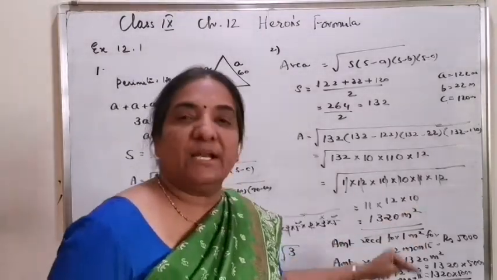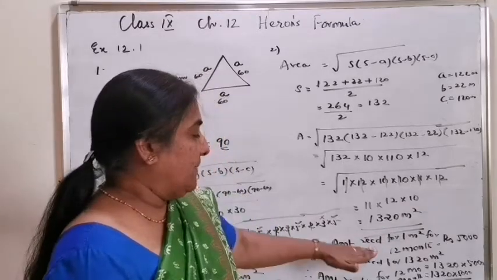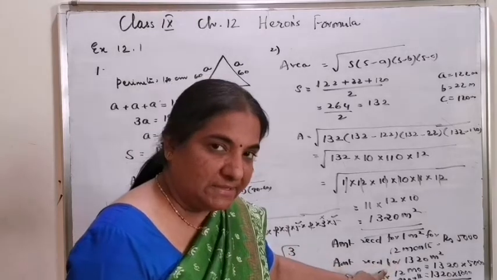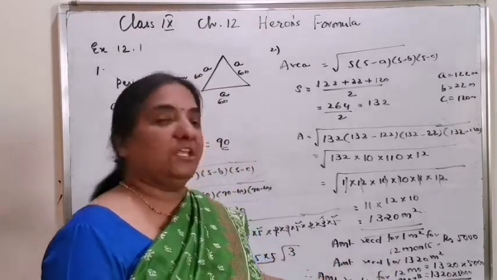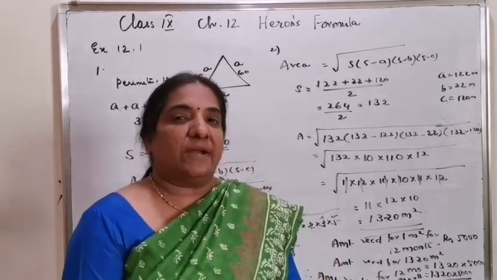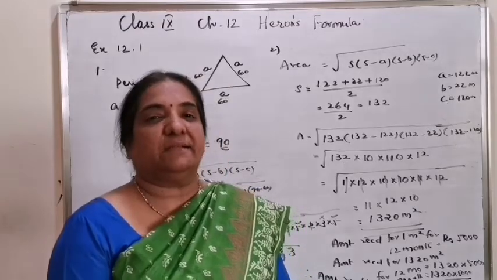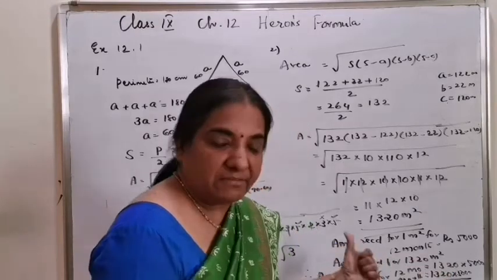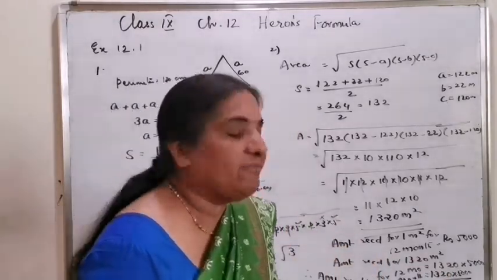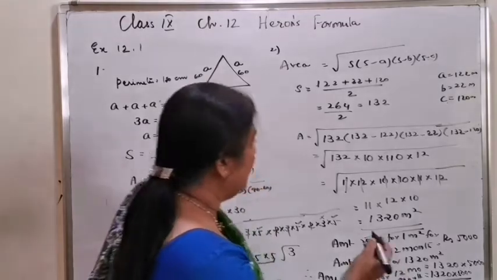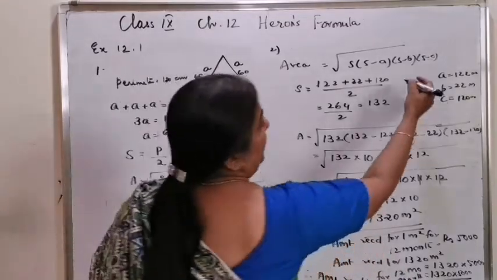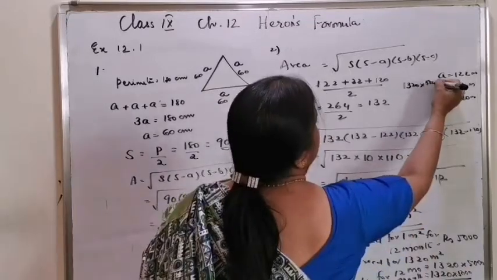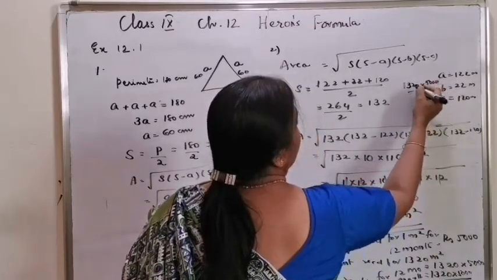I showed you the original method: if the amount received for 12 months is known, calculate the amount received for 1 month, then calculate the amount for the number of months required. This is called the unitary method, but it is actually 12 divided by 3, that is just divided by 4. The answer is 1,320 into 5,000 by 4.